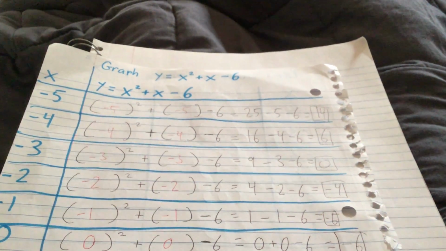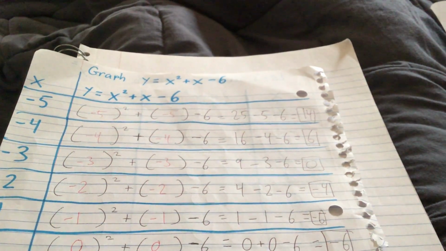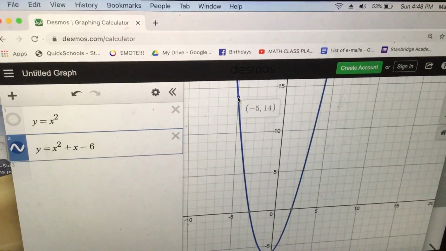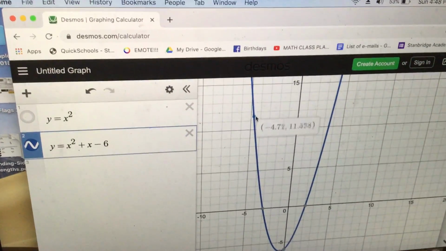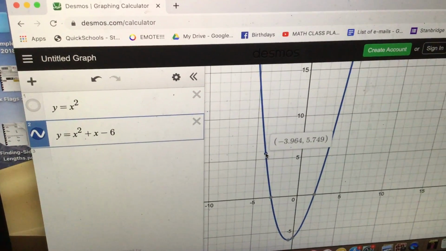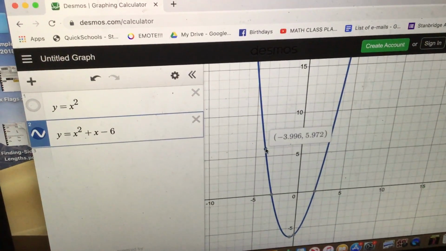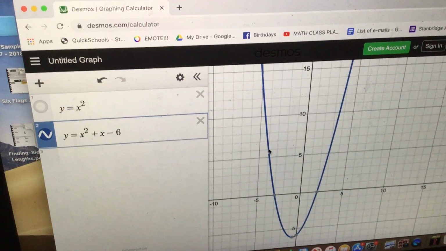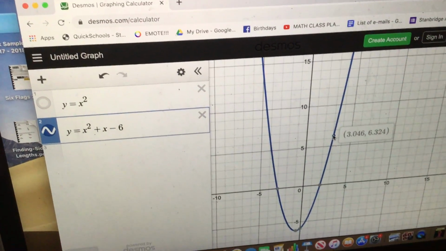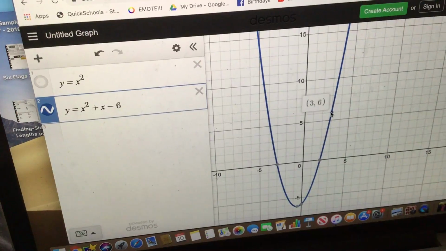So -5, 14. -4, line it up. There, -4, 6, and so on and so forth. But you notice that at 3, 6 as well, it results in the same thing.